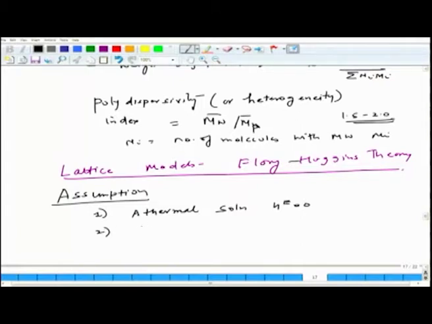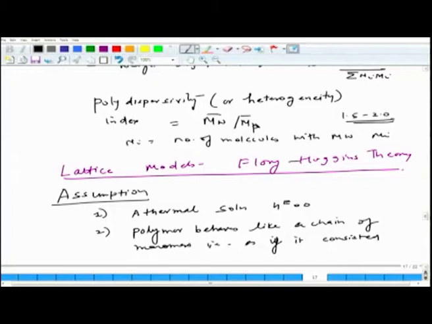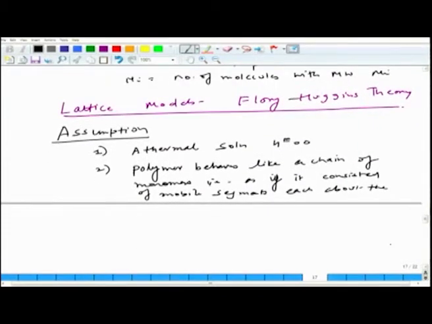And the other important assumption is that the polymer behaves like a chain of monomers, that is, as if it consisted of mobile segments, each about the same size as that of the solvent molecules.